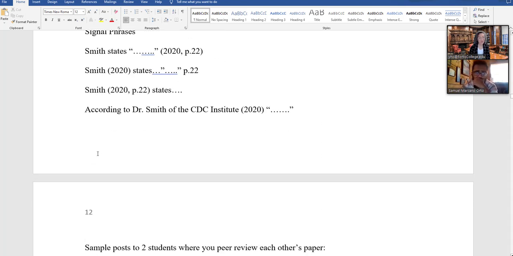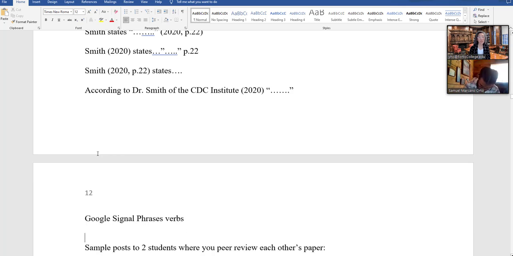Then instead of saying states all the time, you can Google signal phrase verbs, and you're going to get yourself a list, so you don't say states. It will give you different lists of signal phrase verbs for agreement and disagreement.